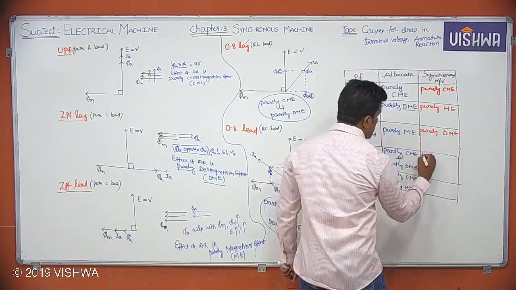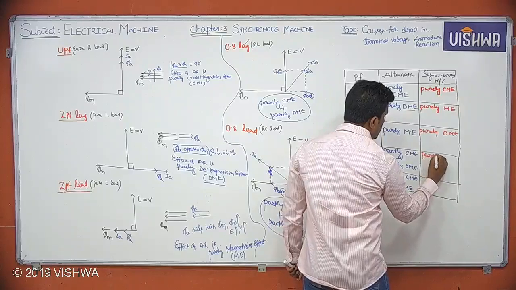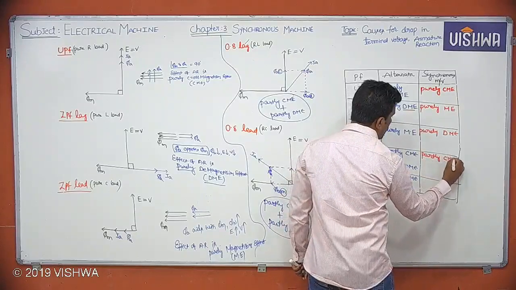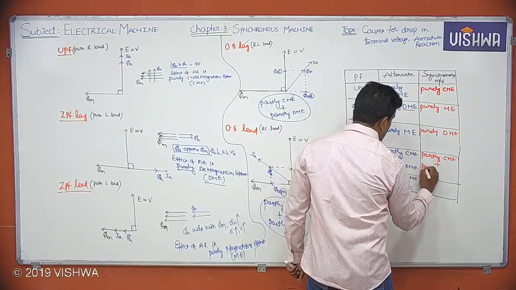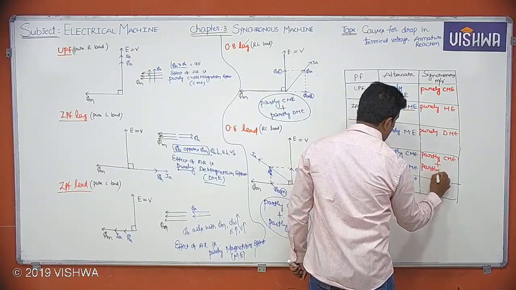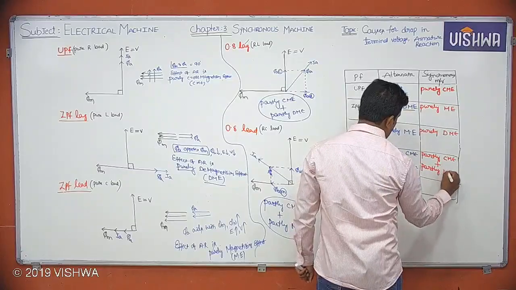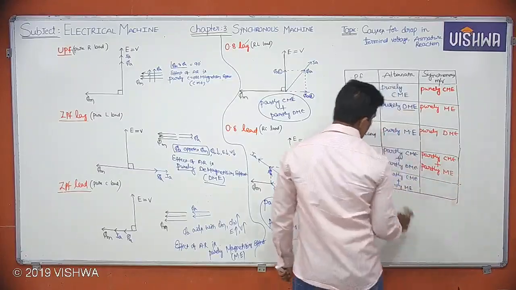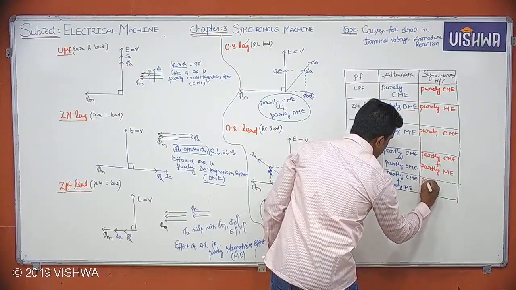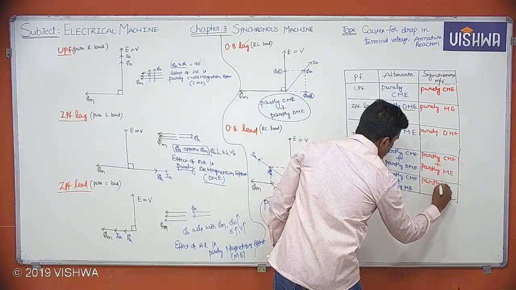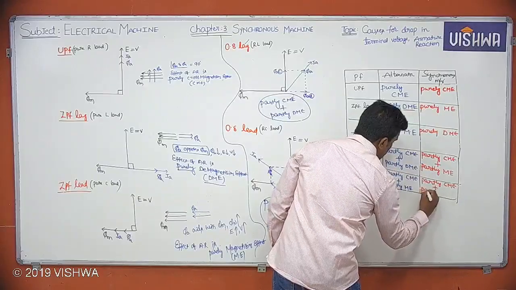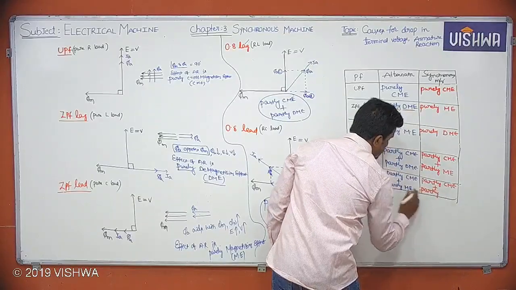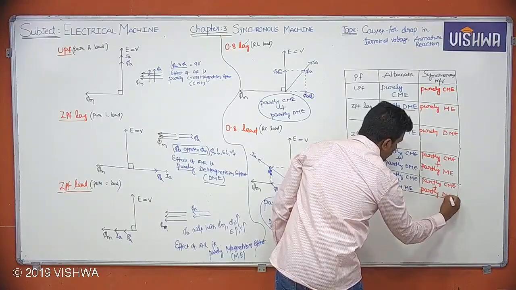Here partly CME stays as it is, and partly DME should be written as partly ME. Here partly CME, and partly ME should be replaced with partly DME.